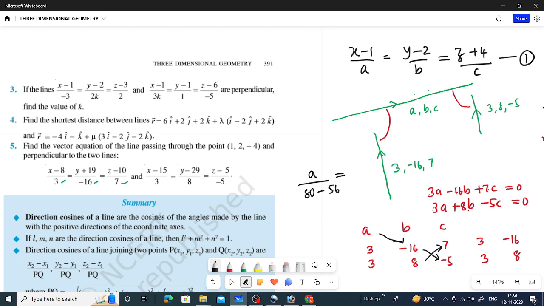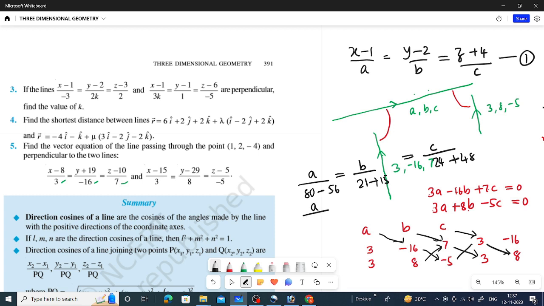Now b divided by 7 threes are 21 minus 5 threes are 15, that is 21 + 15, equal to c divided by 3 eights are 24 plus 3 sixteens are 48.